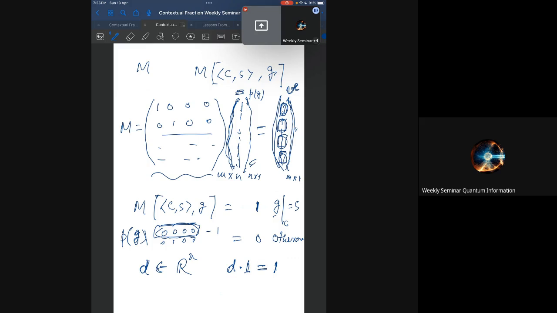This PG, can you write it for me? So you write PG is equal to the probability of, in brackets, A1 is equal to 0, B1 is equal to 0, and their corresponding outputs.